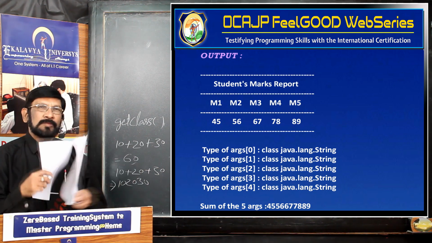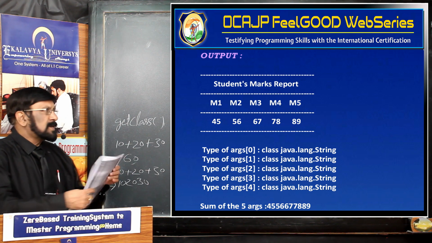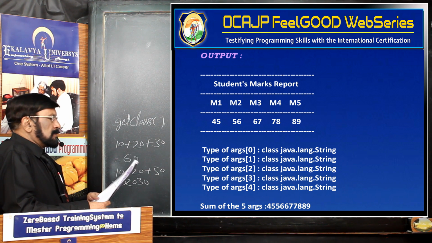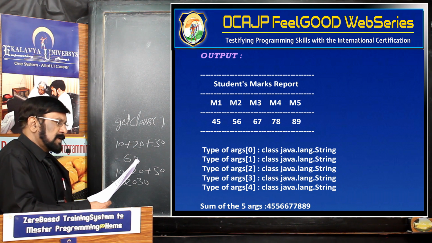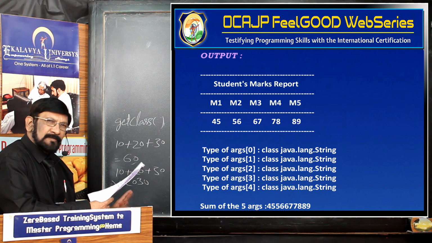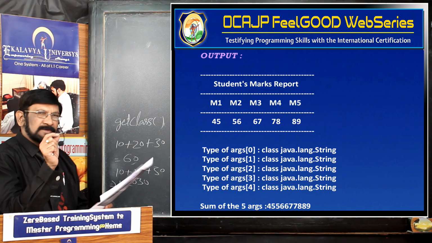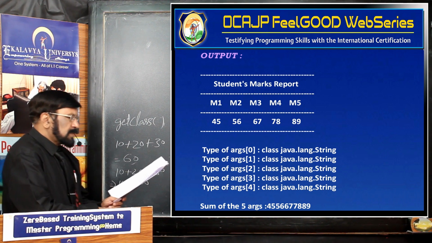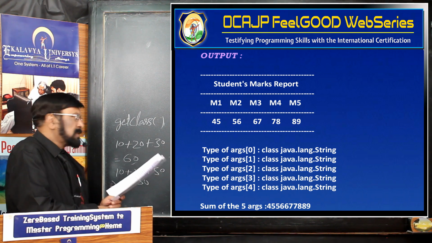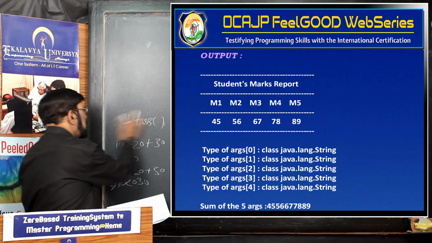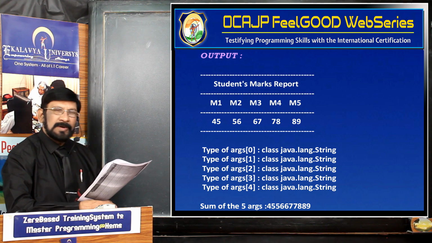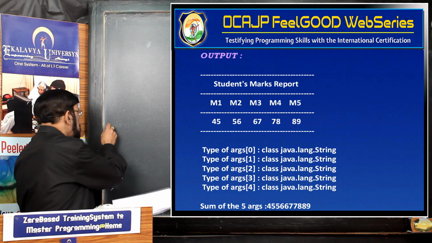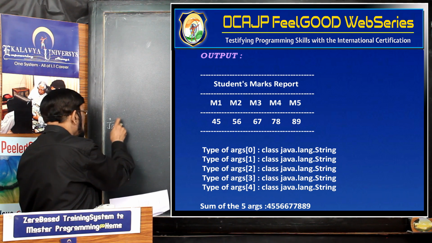Now see the output. By seeing the output, you can understand that here you see 45, 56, 67, 78, 89. In displaying, you cannot find difference whether those are strings or integer values. Thereafter, the types you see, what you can find? java.lang.String.